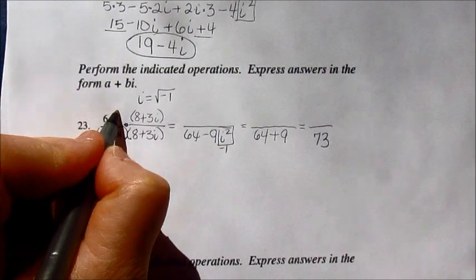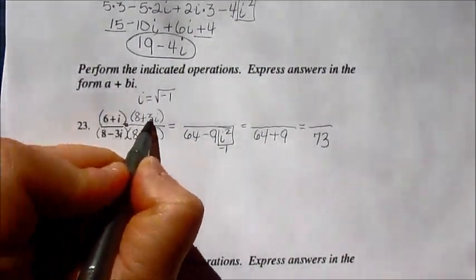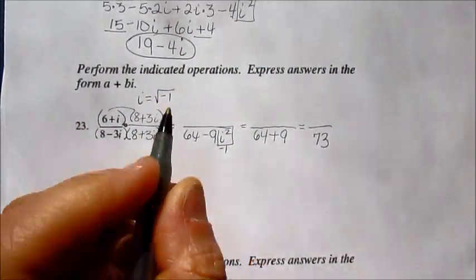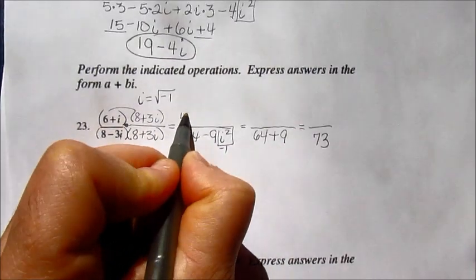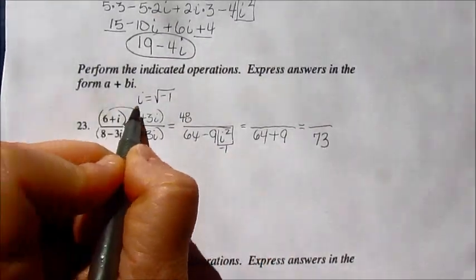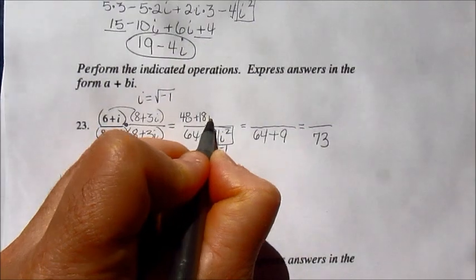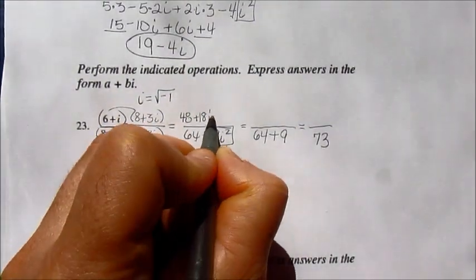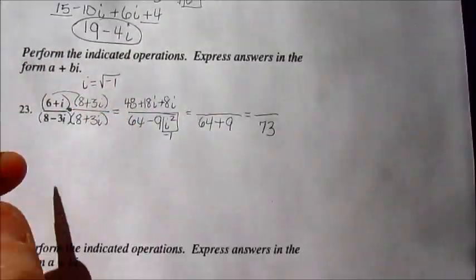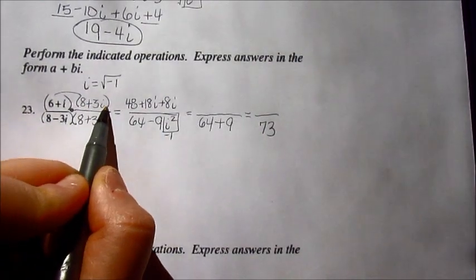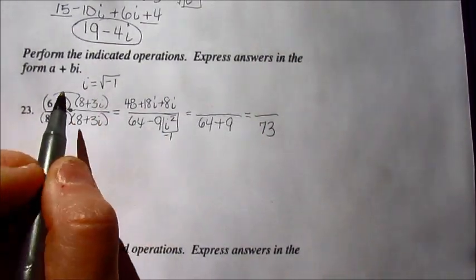Backing up to the top, this is a binomial times a binomial. I need to distribute. That is 48 plus 18i plus 8i. i times positive 3i is positive 3i squared.